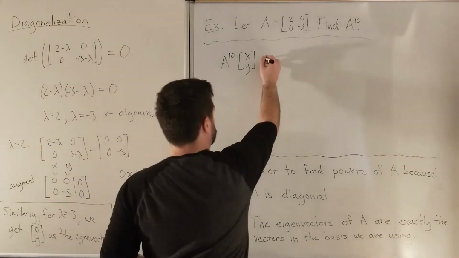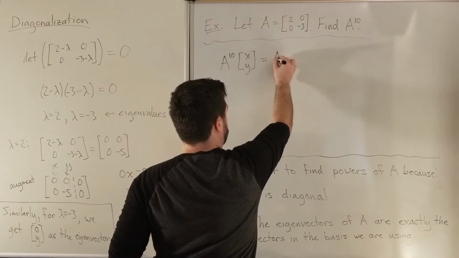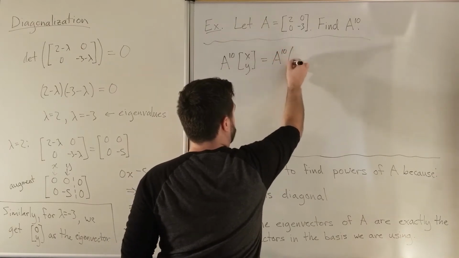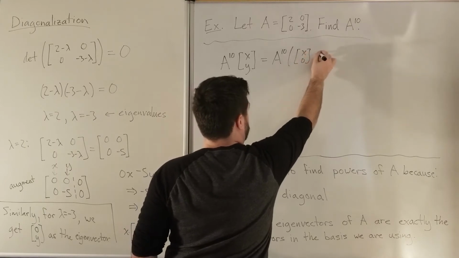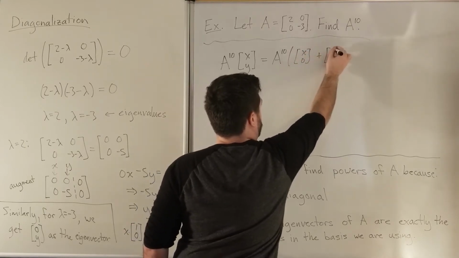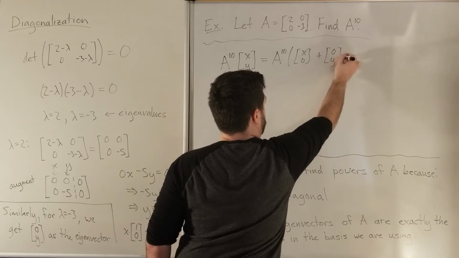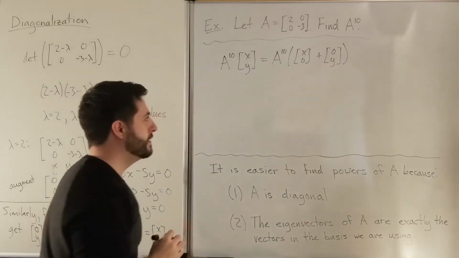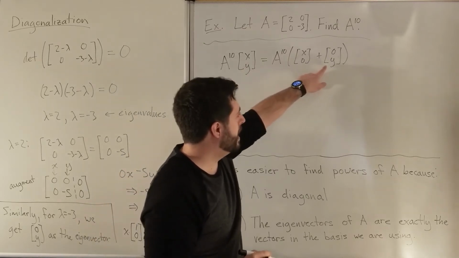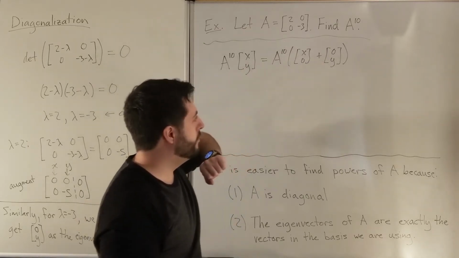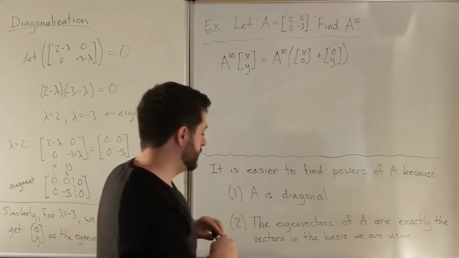Well, A to the 10th times x, y is the same thing as A to the 10th times x, 0 plus 0, y. Another way of saying this is I'm breaking up x, y so that it's a linear combination of eigenvectors.